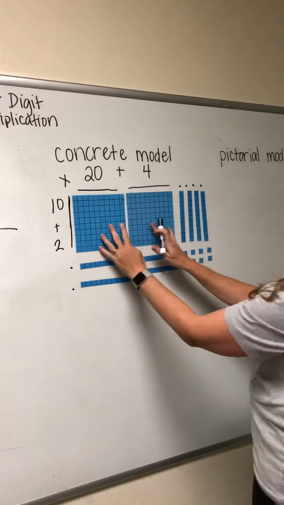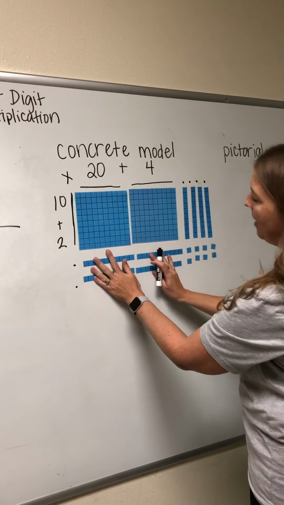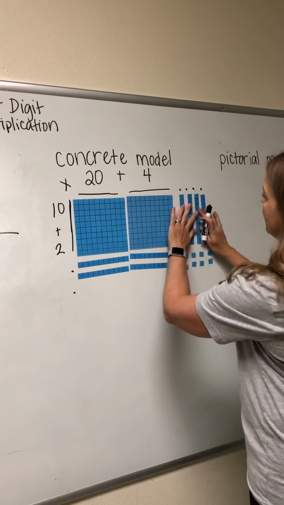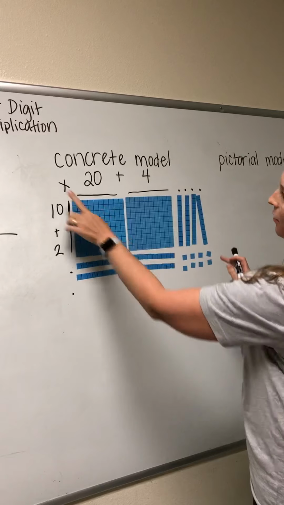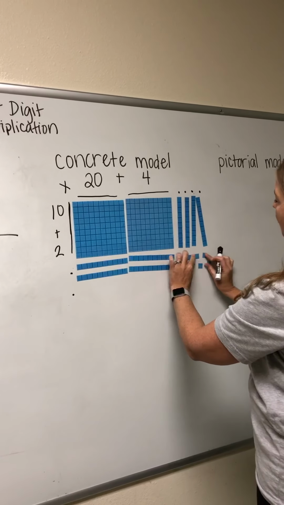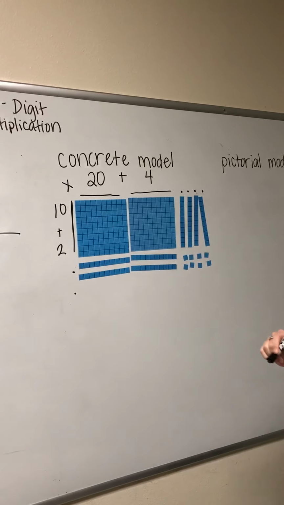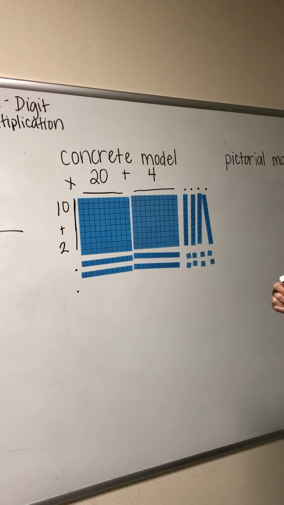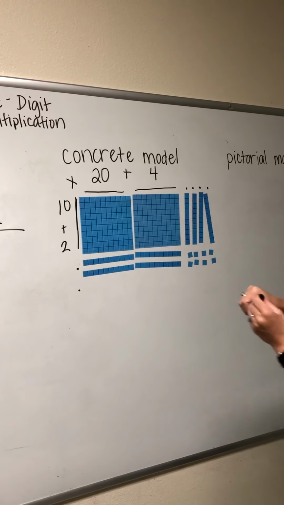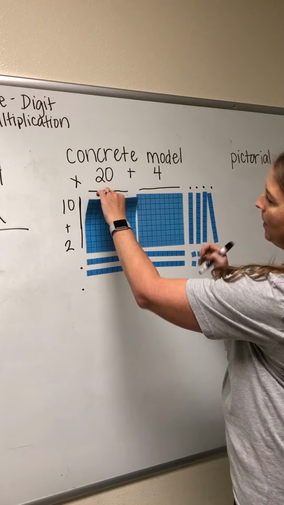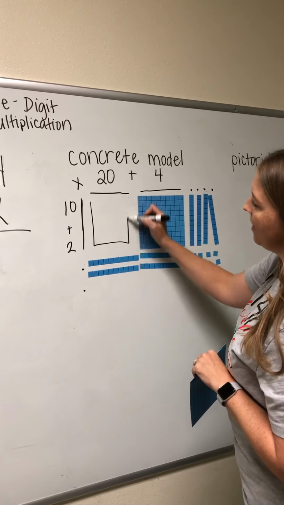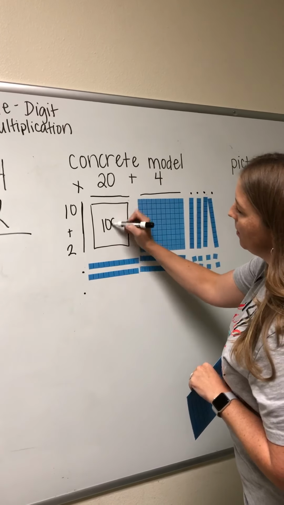So if I squeezed all these together, I could add up the total to see what exactly 24 times 12 would equal. I can also remove the pieces and represent them in a more pictorial form. So I could take off this one and say that here I had a flat that equaled 100.